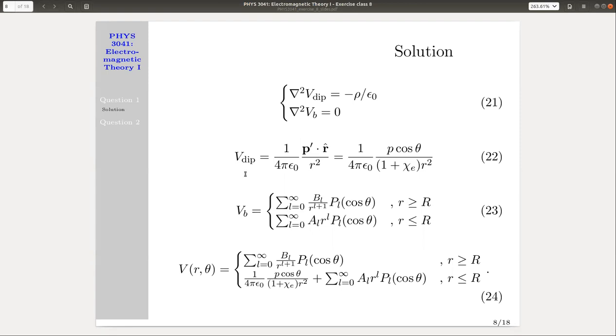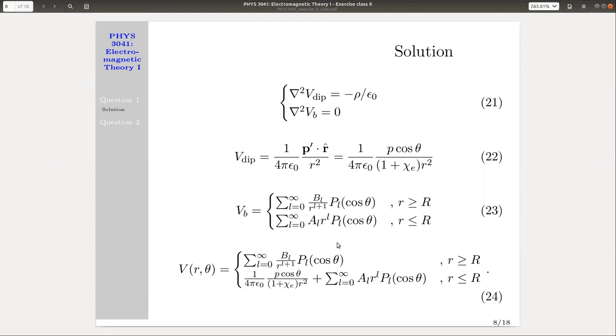Then we simply add the potential here and the potential here due to the bound charges together. And that's why, when it is inside the sphere, we have the dipole term here and also the term here that is due to the bound charges.